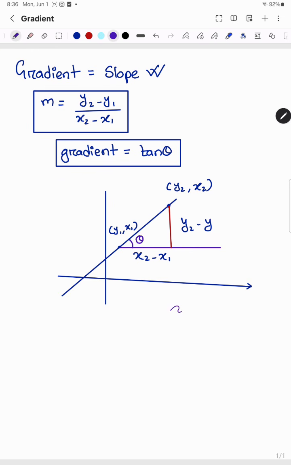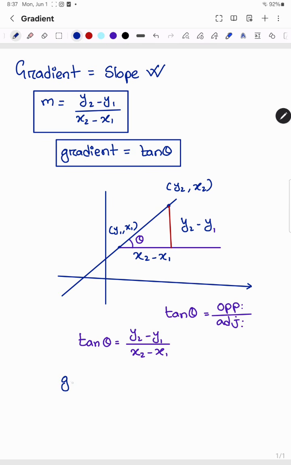So what we could say is tan theta is basically opposite over adjacent, which ends up giving me tan theta equals y2 minus y1 divided by x2 minus x1, which ends up giving me that gradient is basically equal to tan theta, which is equal to y2 minus y1 divided by x2 minus x1.